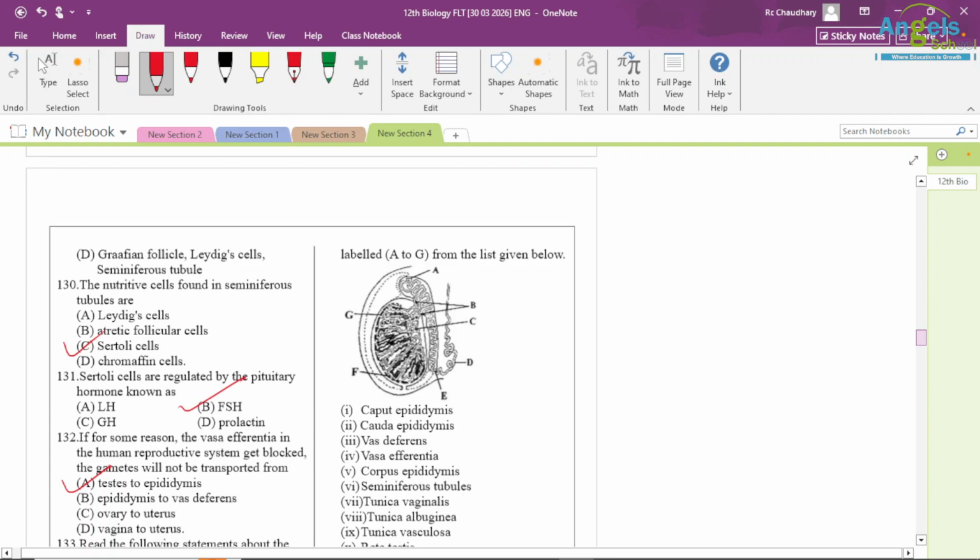It is the bulbourethral gland. Then D is testes and it produces testosterone and sperm, so it produces both, wrong option. C stores sperm cells. C is the epididymis and it stores sperm cells for a certain period of time, so option C is correct.